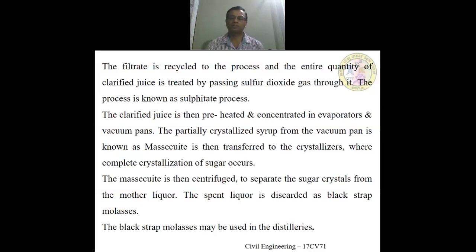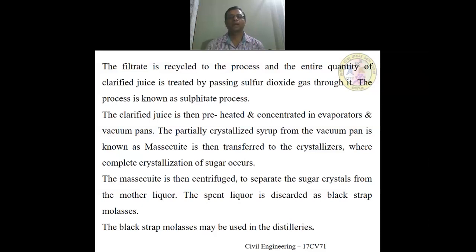So the steps involved are: sugar cane is taken to presses, converting to juice. Once converted into juice, we add lime to remove suspended and colloidal particles. Then the entire juice passes through sulfur dioxide gas.